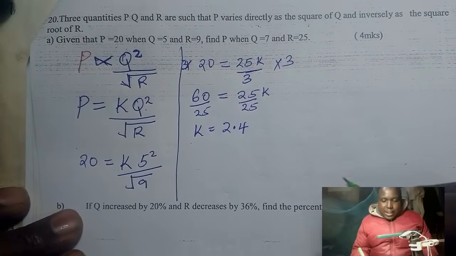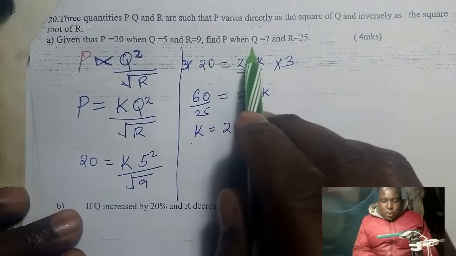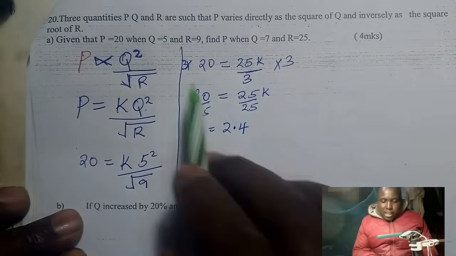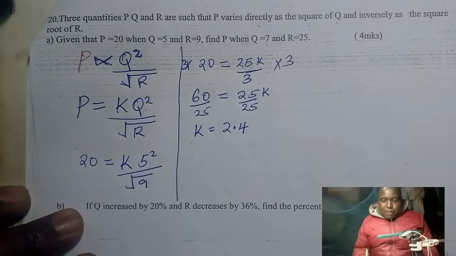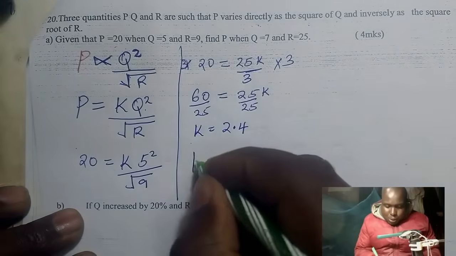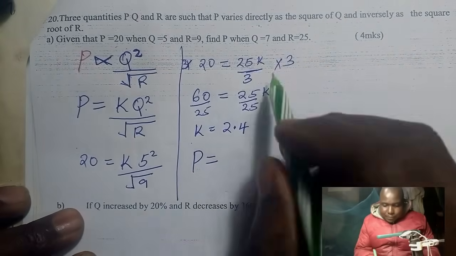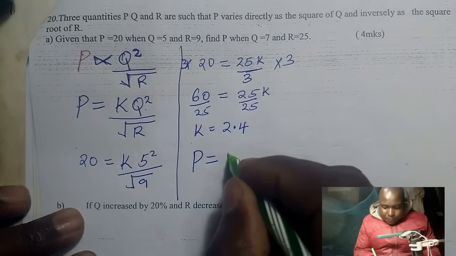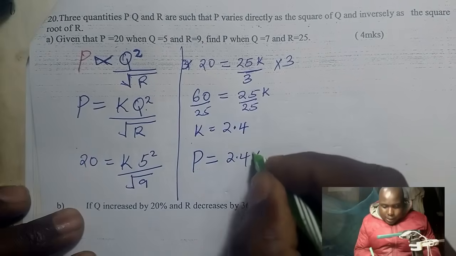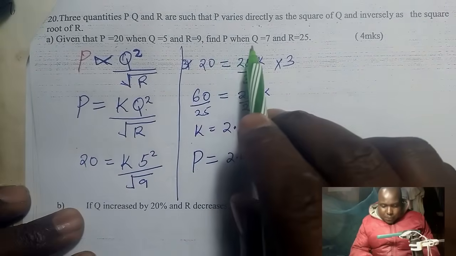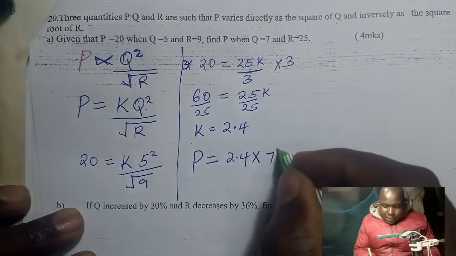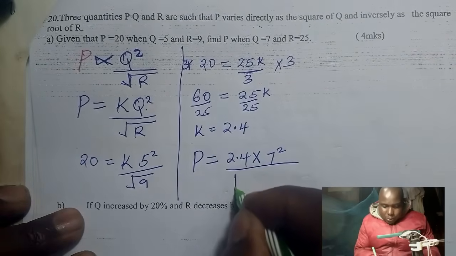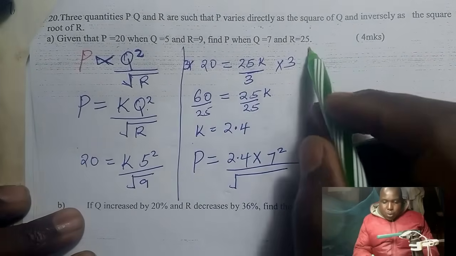Now let us find p when q is 7. Now that we have k, we are just going to substitute in the formula. So p will be k, which is 2.4, times q, which is 7, times 7 squared. We divide by the square root of 25.